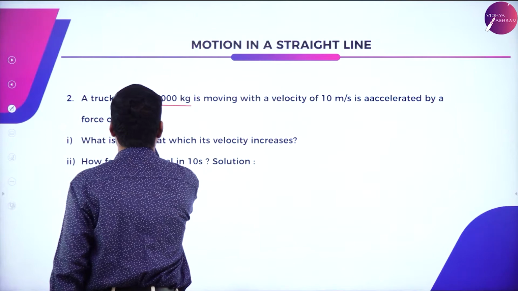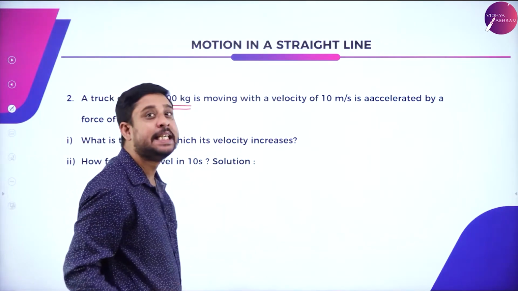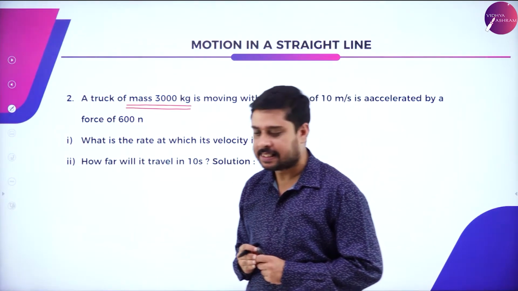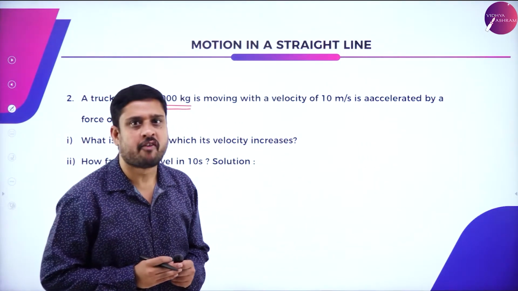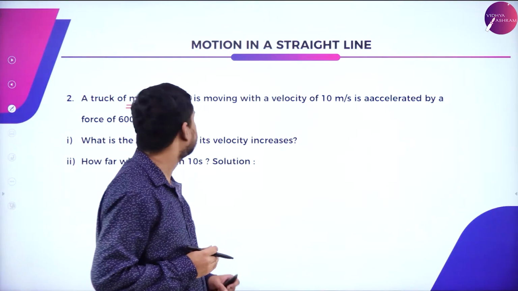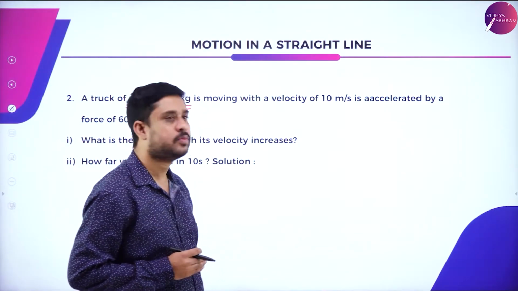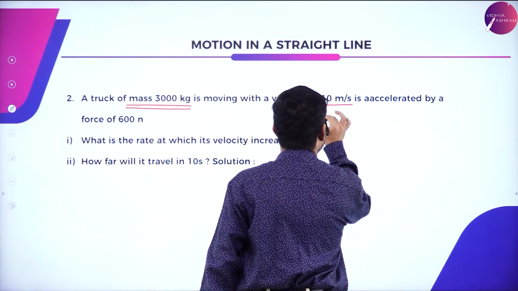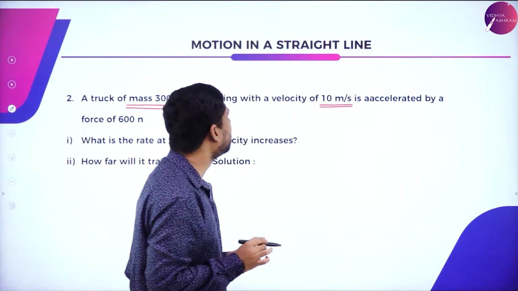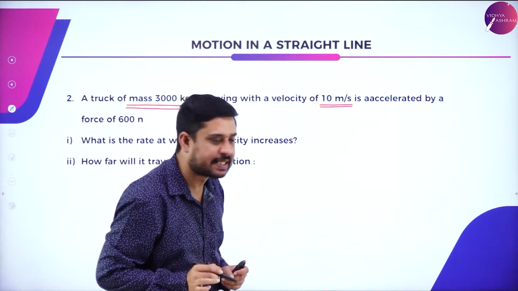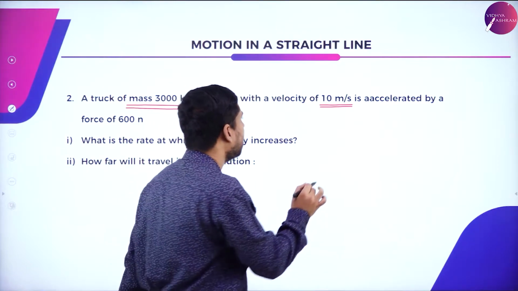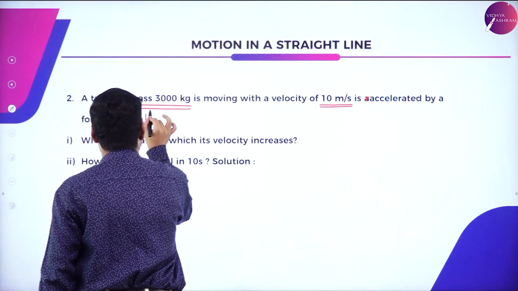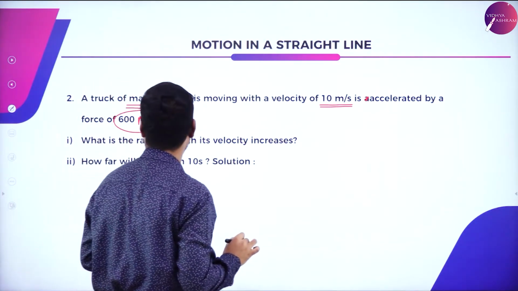A truck of mass 3000 kg. There is a truck of mass 3000 kg moving with a velocity of 10 meter per second, which is accelerated by a force of 600 Newton.